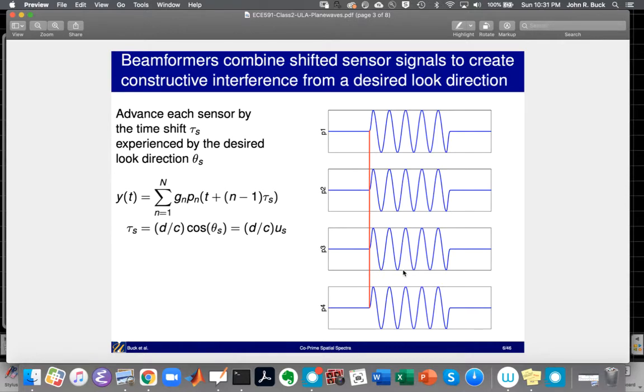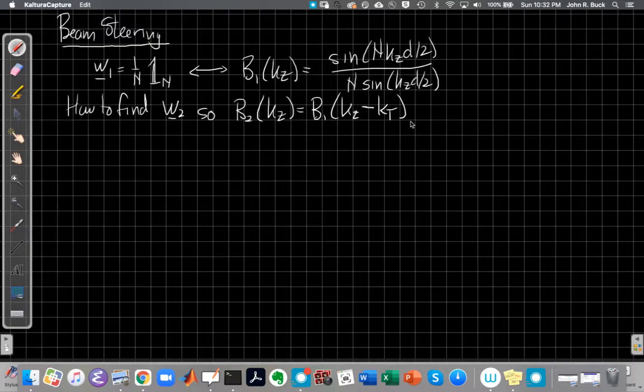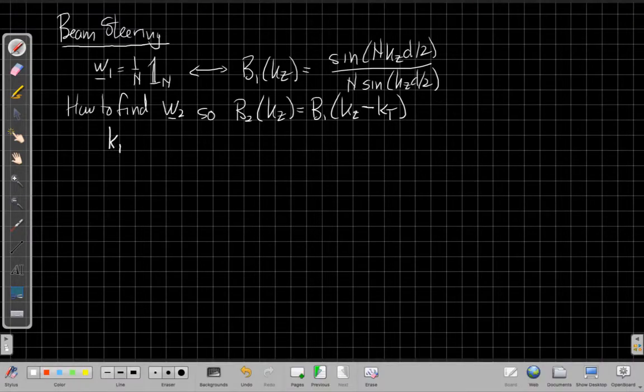Now let's break it down and see how that works a little more mathematically. So the problem for beam steering is that, looking at the case we just saw where we're adding everything in phase to give us our discrete time sinc function, how can we choose a new set of weight vectors so that the new beam pattern is like the old beam pattern but shifted by some amount kt, where kt is the wave number for the look direction, minus 2 pi over lambda times the cosine of theta t, where theta t is what we call the look direction or the steering direction.